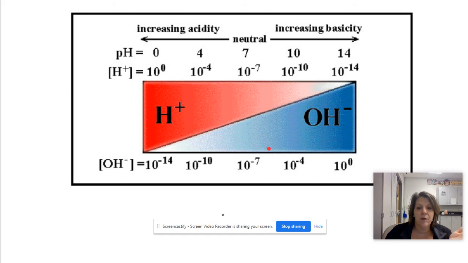If something had a pH of 13, its hydrogen ion concentration would be 1 times 10 to the negative 13th. Its hydroxide ion concentration would be 1 times 10 to the negative 1. Okay, so whatever the number here plus the number here should equal 14.